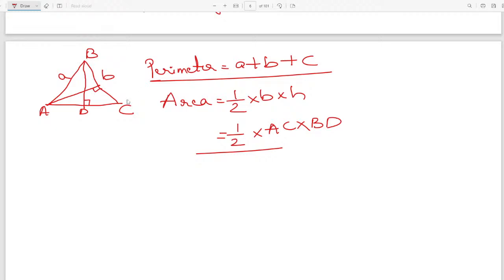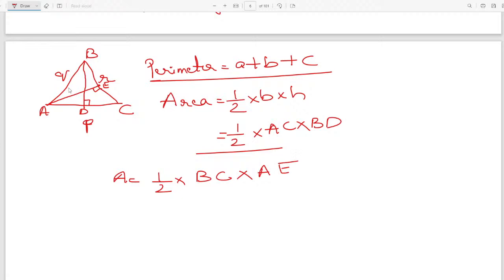In this case, BC would be the base, and let this point be E. Again, the area is equal to half into BC as the base, and the height is AE.